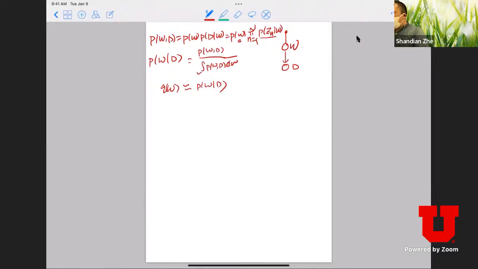So how can we find such an approximation? It is based upon a well-known decomposition of the log evidence, by applying Jensen's inequality.